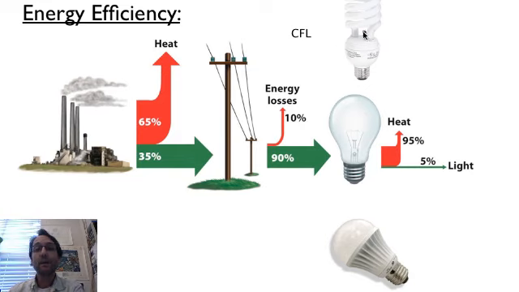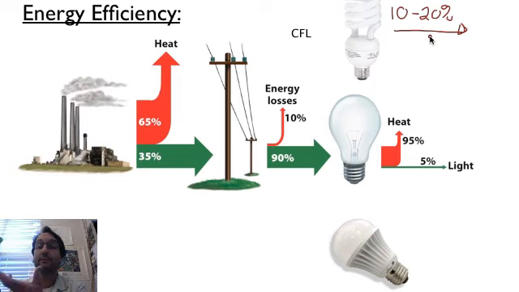These bulbs are more efficient than an incandescent bulb. They're anywhere from 10 to 20% efficient when they produce light. So that means that 10 to 20% of the energy going into the bulb generates light. So 90 to 80% is still lost as heat.